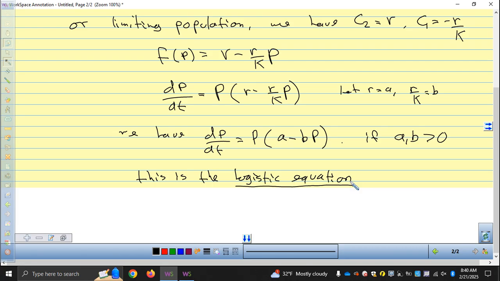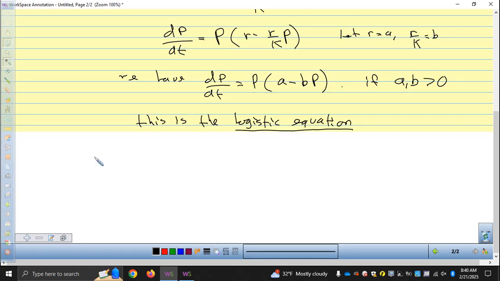And we can think of this term, if we distribute this p, the negative b times p squared, as the inhibiting term. Because it's subtracting from the growth rate of our population.